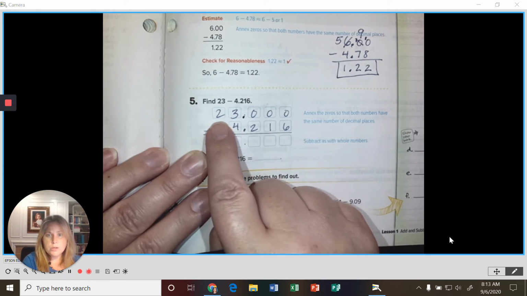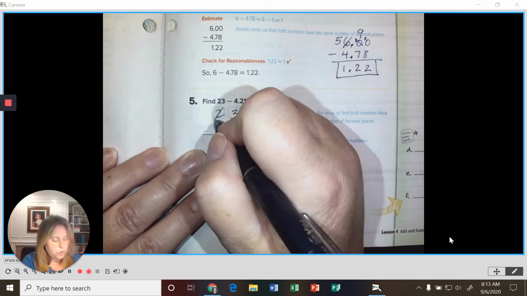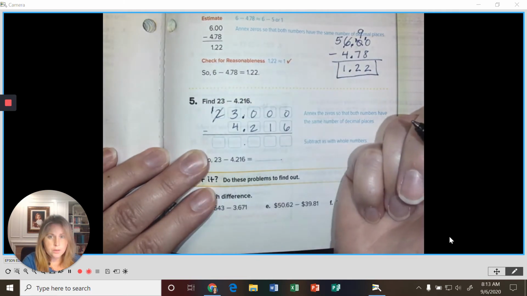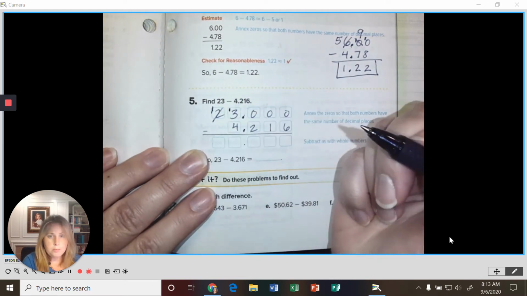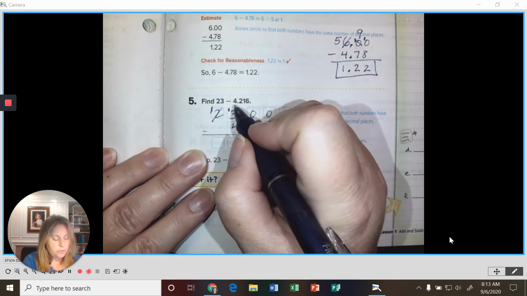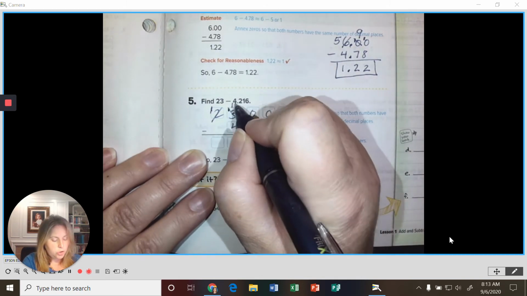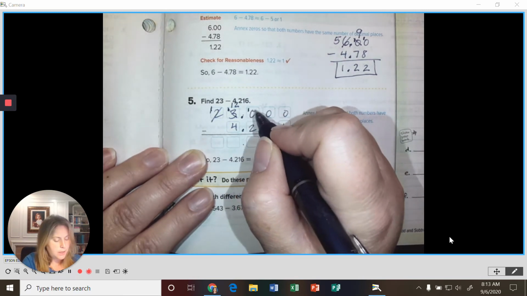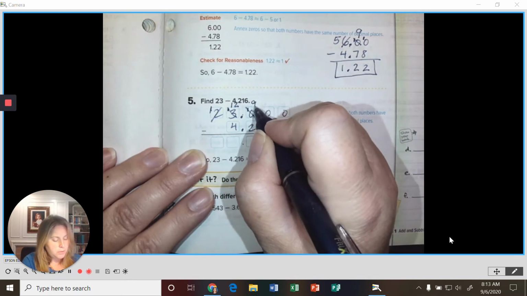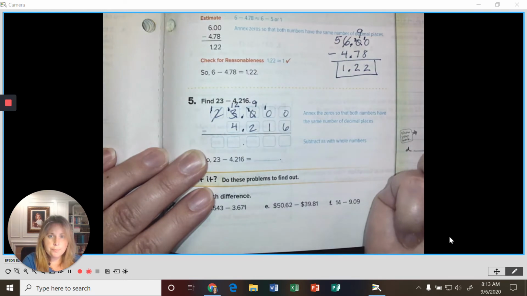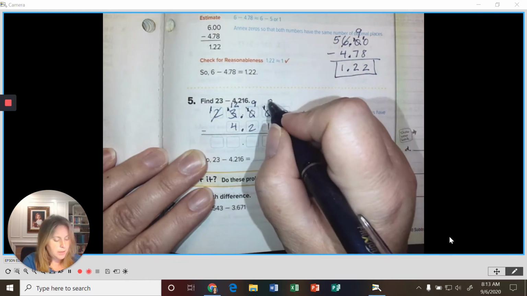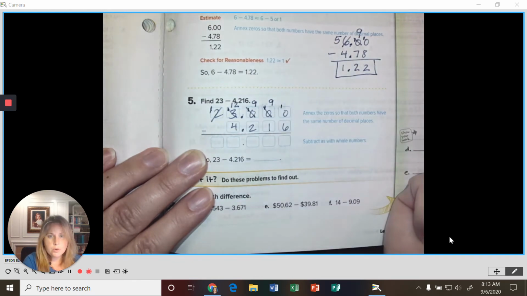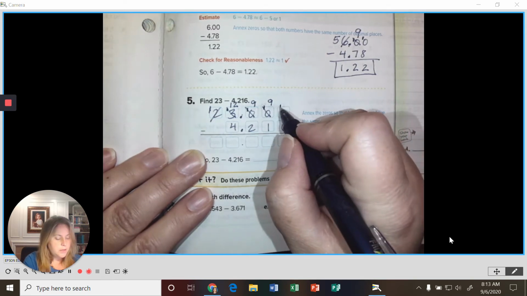So I need to come over here to this 2 to borrow. So the 2 is going to become a 1, which lets this 3 become a 13, but then I'm going to borrow from the 13 and make it a 12, so this can become a 10, and then I'll borrow from this 10, it becomes a 9, so this can become a 10, and I borrow from this 10, it becomes a 9, so this can become a 10. Okay, so lots of regrouping here.